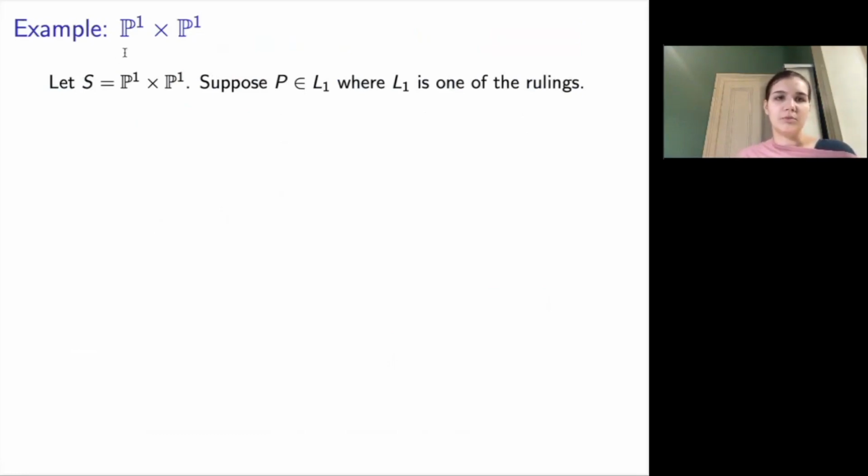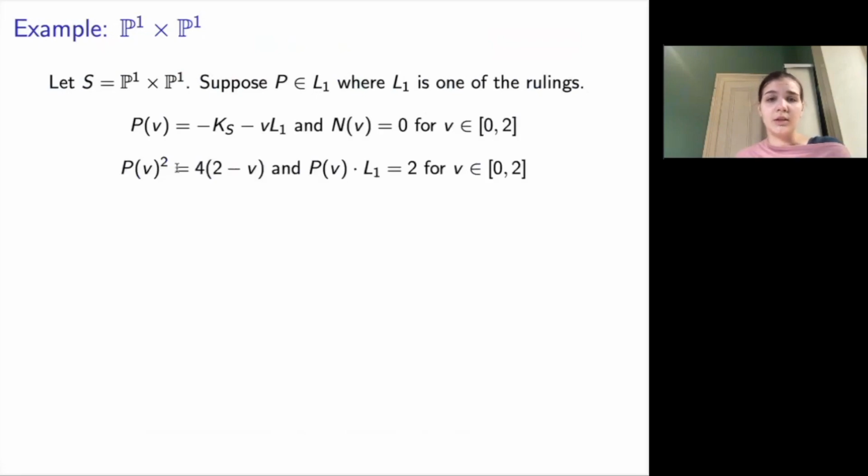Our example will be easy, so we just take P1 cross P1, and we take any point in P1 cross P1. For any point, we can find a ruling in L1 to which this point belongs. Then we can compute the Zariski decomposition.